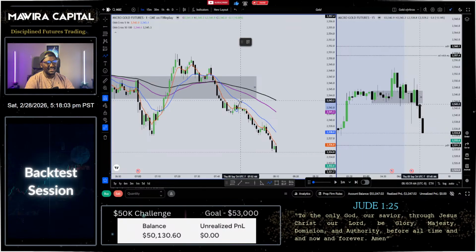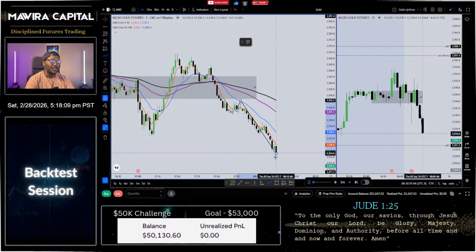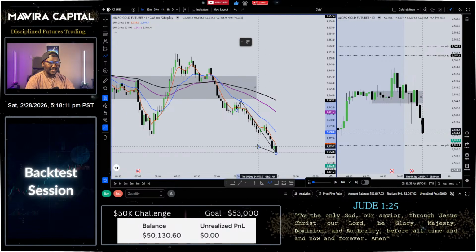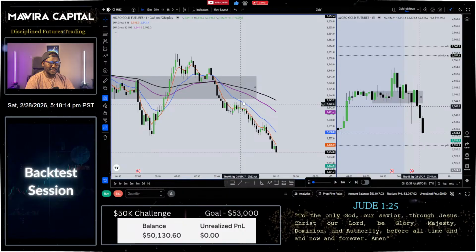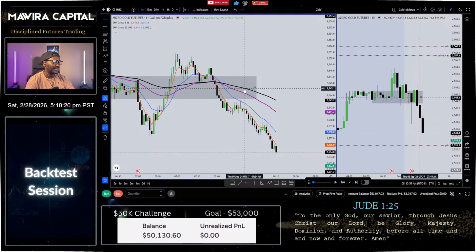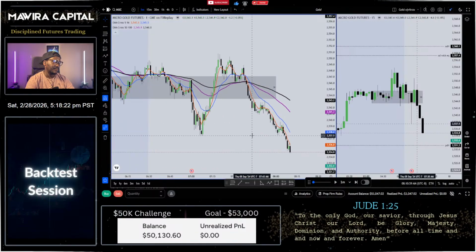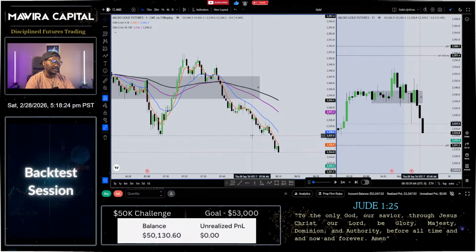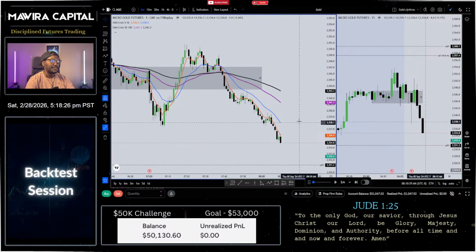That first EMA, which is 16 right there, you can touch that and keep going further. I do not like those trades. If I took those trades with my strategy, I'd be taking a lot of losses, I think. Or not, I don't know. I just prefer if it comes back here.